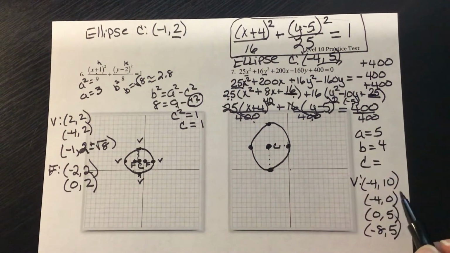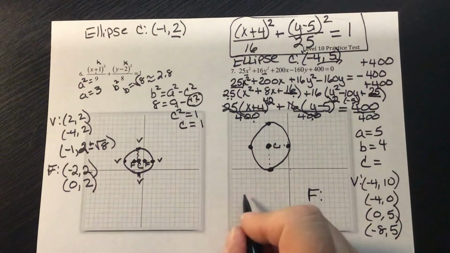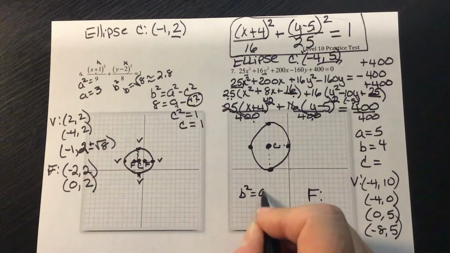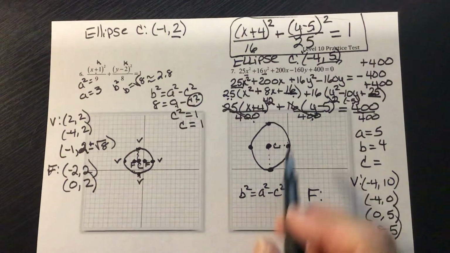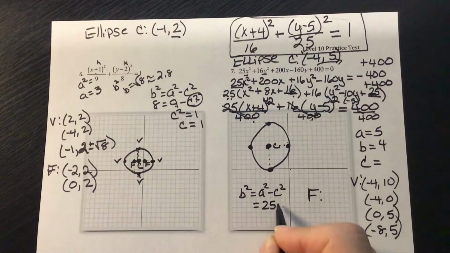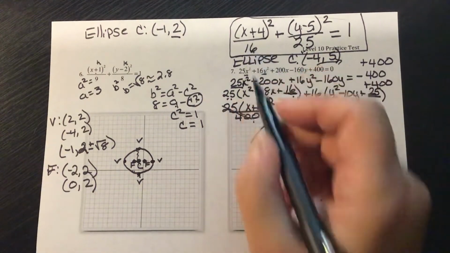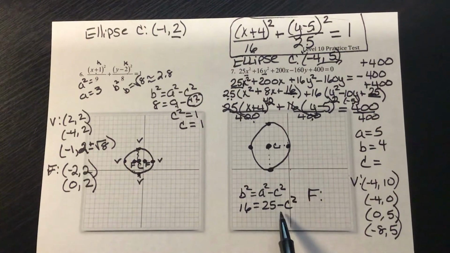And to find my foci, I'm going to use the formula b squared equals a squared minus c squared. A squared is 25. I'm trying to find c squared. I know my b squared is 16. So it's 25 minus 9 that gives me 16.